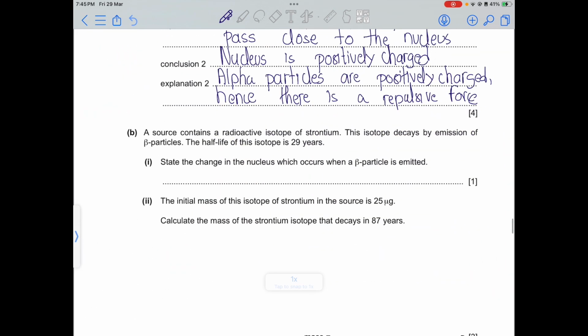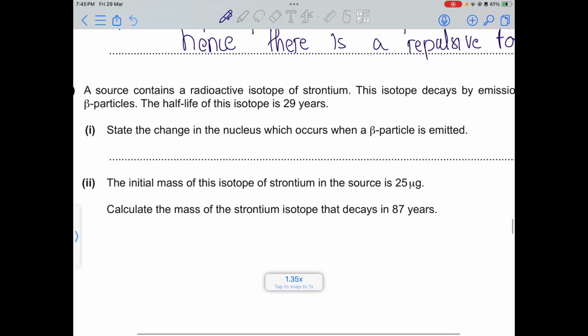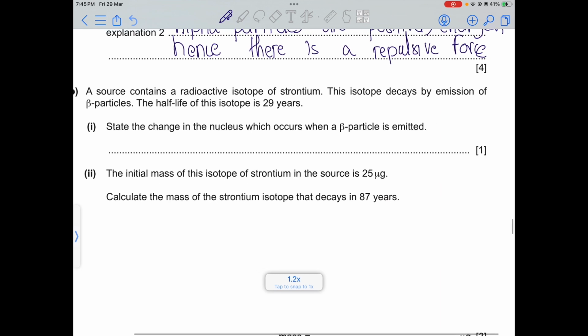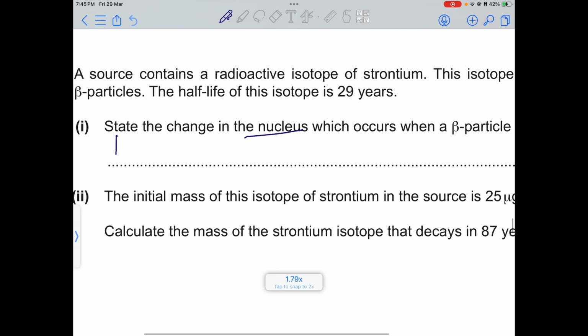Now, the source contains a radioactive isotope of strontium. The isotope decays by emission of beta particles. The half-life is 29 years. Shade the change which occurs when the beta particle is emitted in the nucleus. In the nucleus, a neutron changes to a proton.